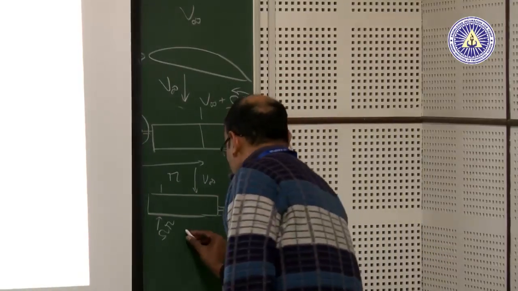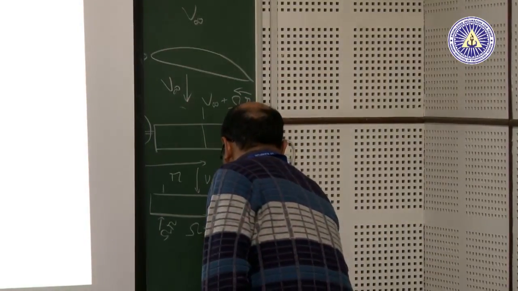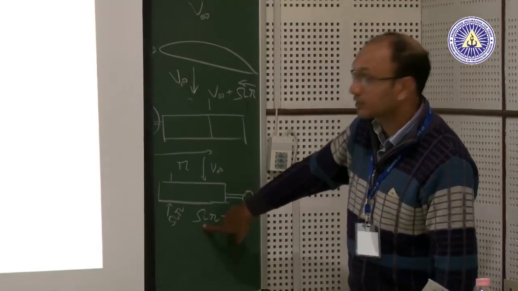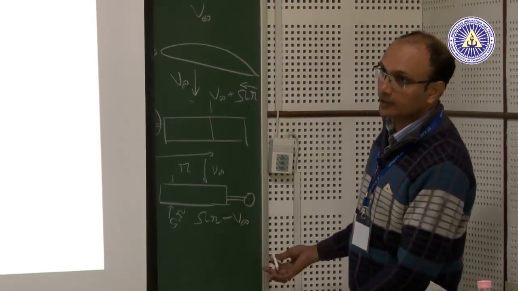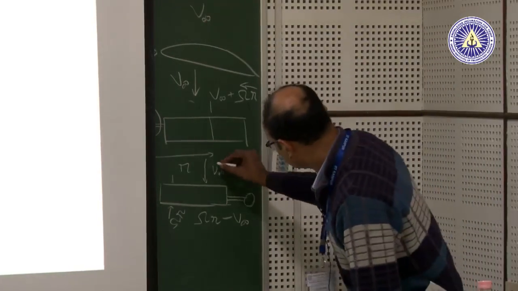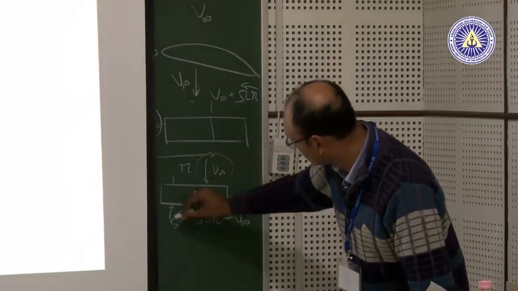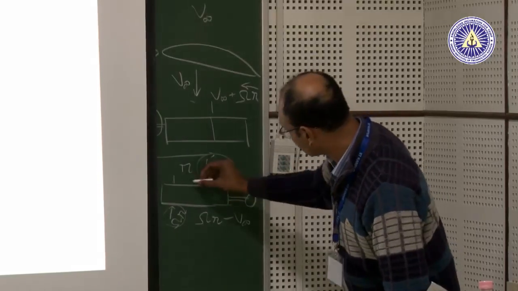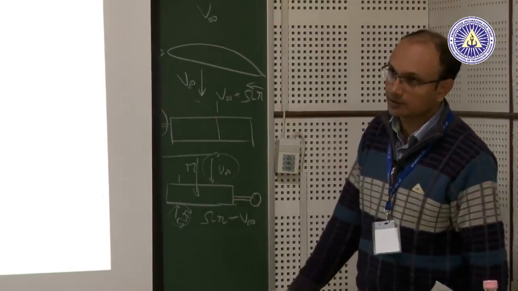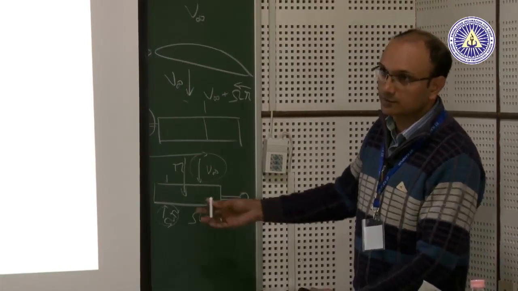So now it is going to be omega r minus V infinity. If V infinity is greater than omega r, you actually have negative velocity, which is called reverse flow. Now this component is higher than this component, so my net flow is in this direction, from the back of the blade to the front of the blade, trailing edge to leading edge. This is my reverse flow.